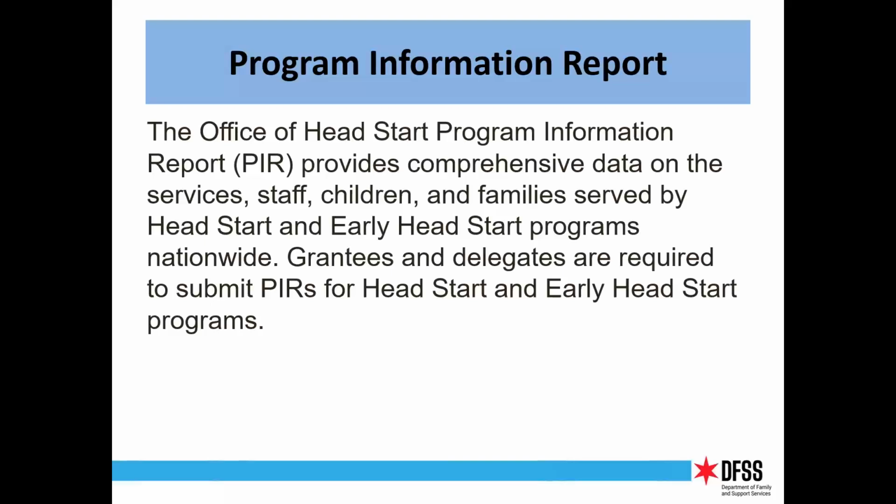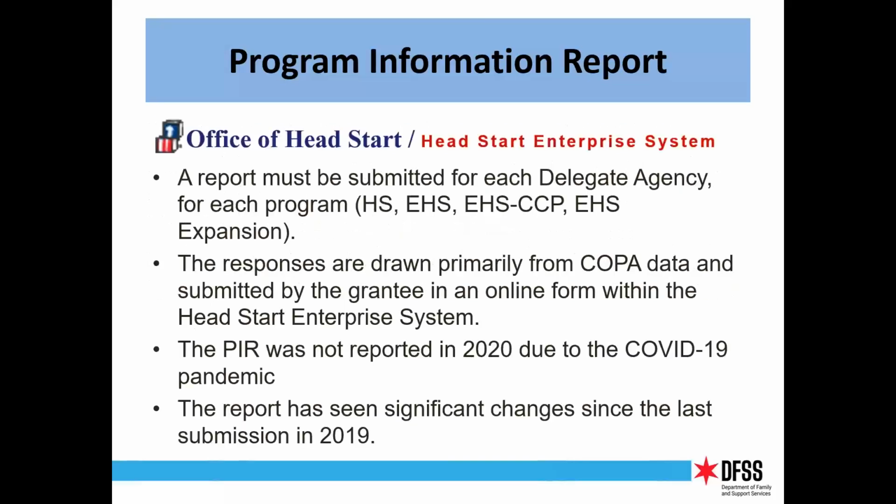So each of those receives its own report. You have 3 grants, you have 3 reports to submit. So we report one for each delegate agency, but also for each program within that: Head Start, Early Head Start Childcare Partnership, and our expansion grant.